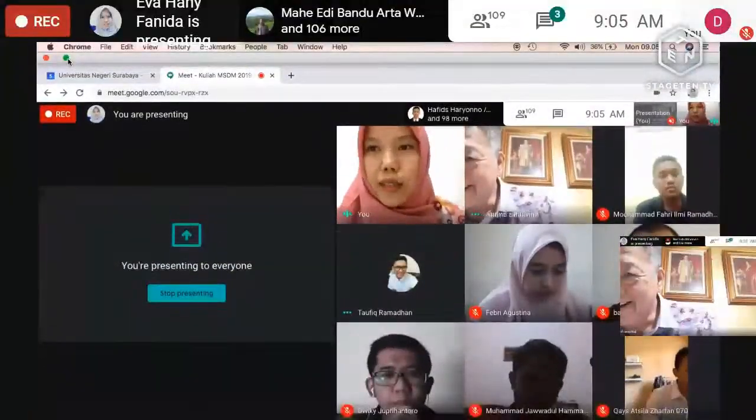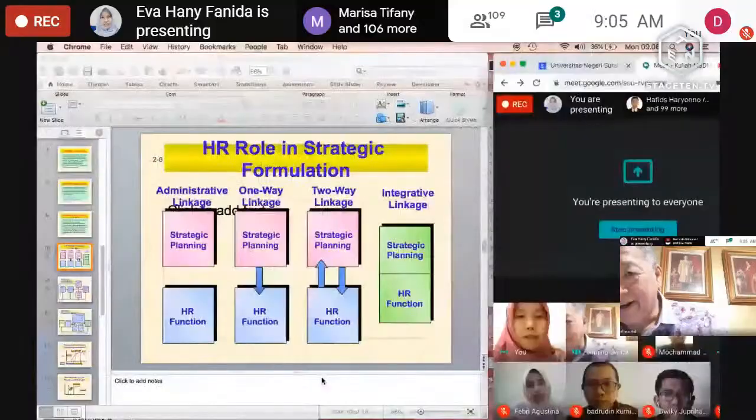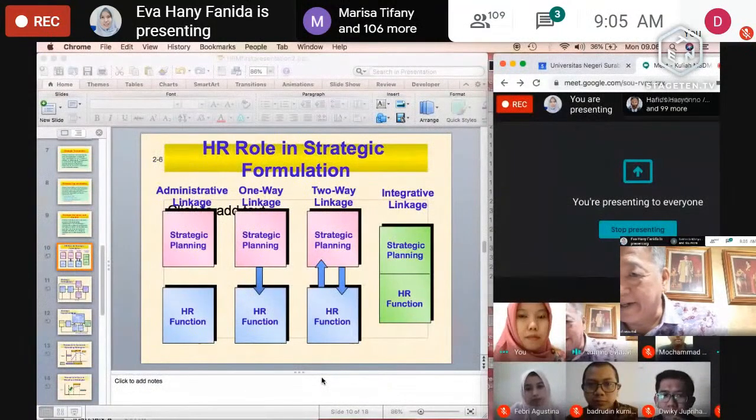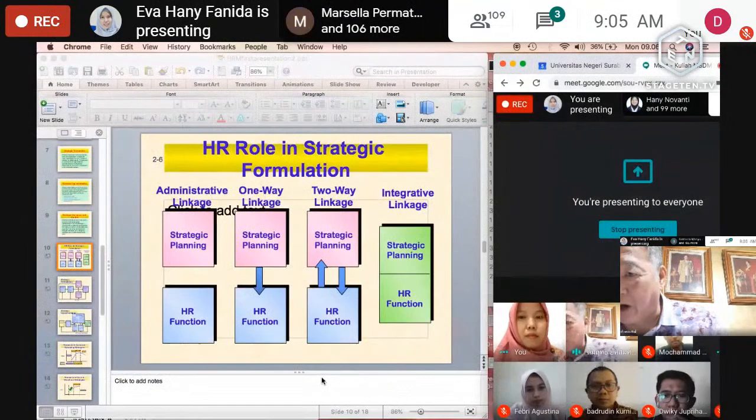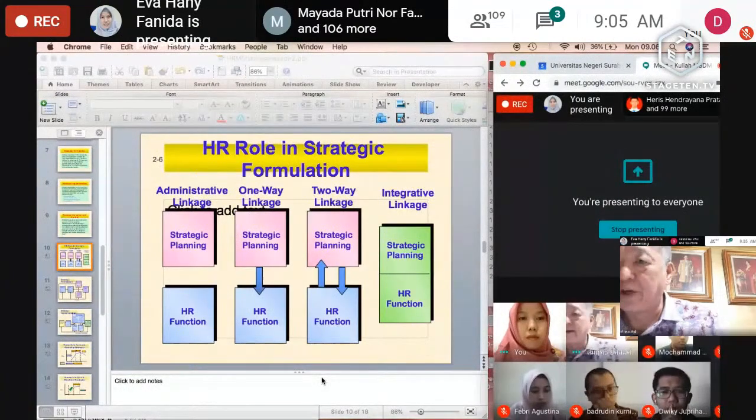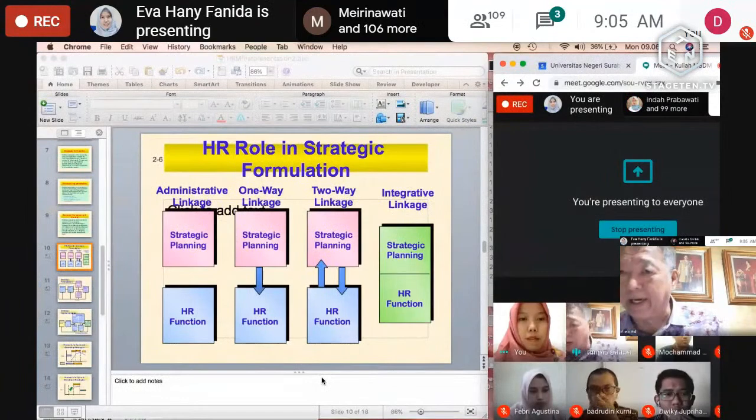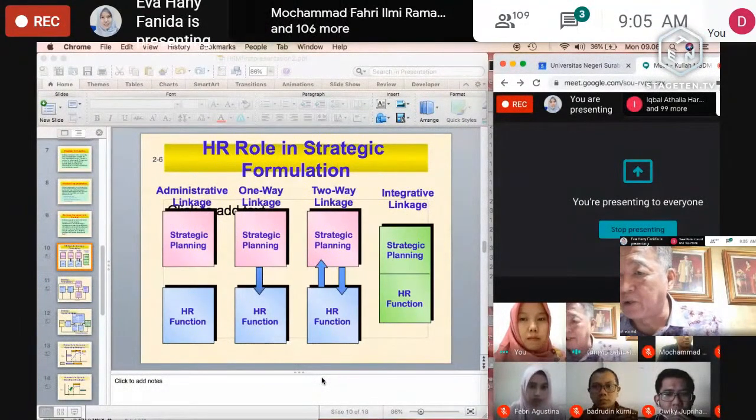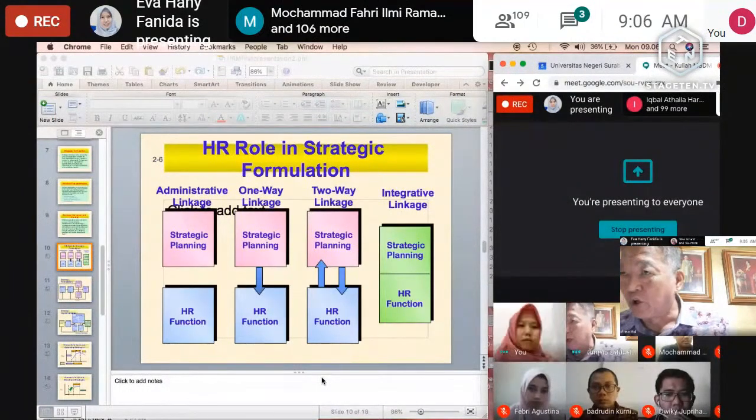The first one is the traditional or conventional one, where they separate planning and human resource functions. But right now, if the company or the organization wants to be successful, they need to work together.